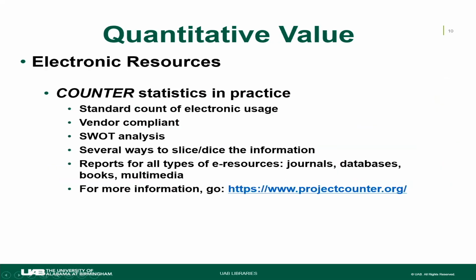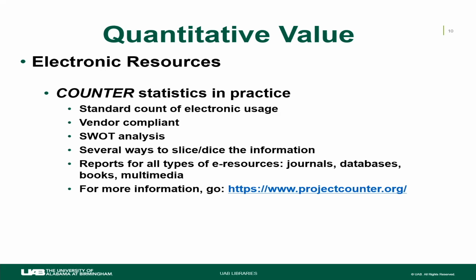So when we go through again with our electronic resources, as I say, your counter statistics in practice, theoretically, it is a standard count. Sometimes we appreciate our vendors, but sometimes the interpretation is a little bit different. It depends upon the type of content or whether or not it may be a Cell Press or an academic journal.